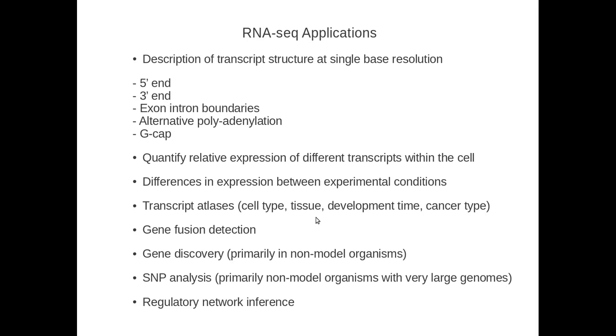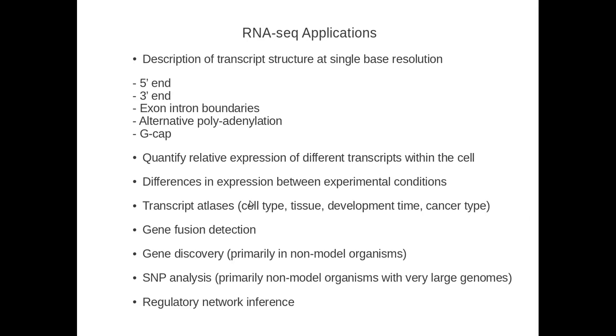We use RNA-seq to come up with transcript atlases. You'll see like the Cancer Genome Atlas, where people are going in for every cancer type trying to determine the full range of transcripts that are present in different types of cancers or at different developmental times in, say, human embryos or in tissues or different cell types.